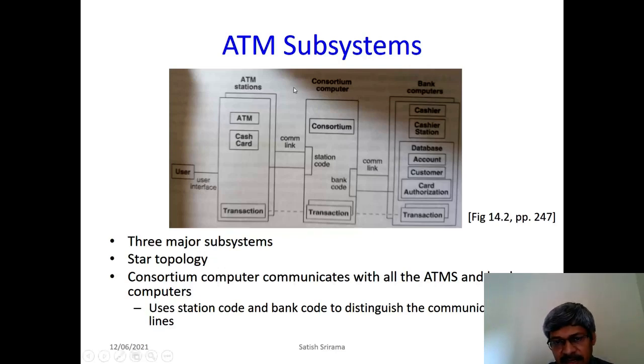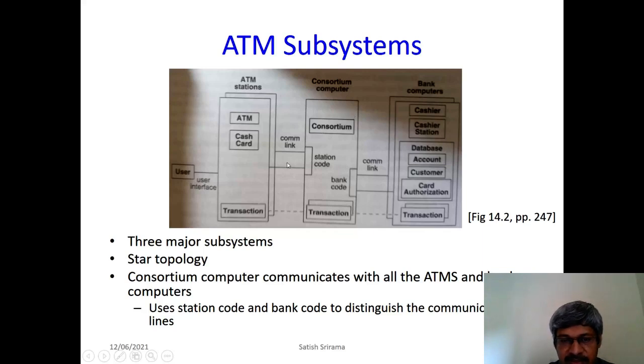In this ATM case, the ATM stations, the consortium computer and the bank computers communicate through a star topology. The consortium computer communicates with all the ATMs and all the bank computers, so it is acting as a master.